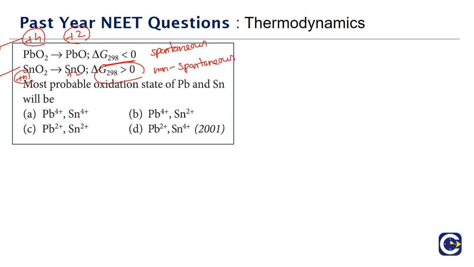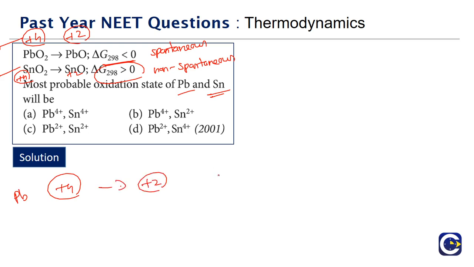The most probable oxidation state of Pb and tin will be. So Pb is lead and Sn is what? Tin. So we need to look at what is the most probable oxidation state of lead and tin. So if you look at the first equation, when lead is changing from plus 4 to plus 2, what are we observing? Del G is negative.